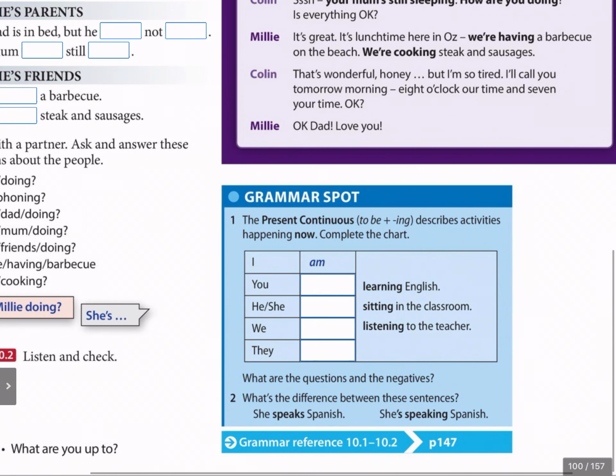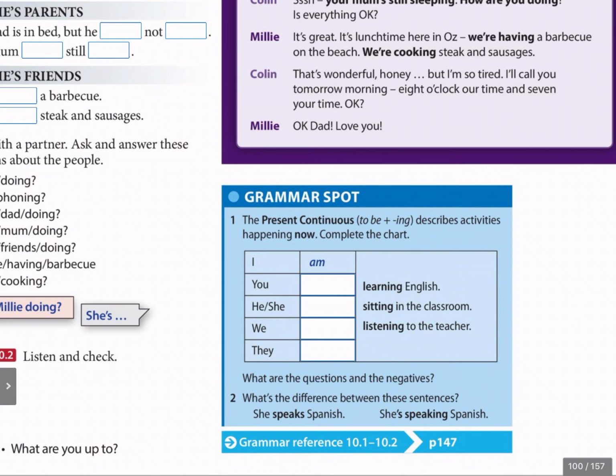Then finally, this box asks us what the difference between she speaks Spanish and she is speaking Spanish is. This is really important because when we say she speaks Spanish, we are talking about something which is a natural ability, something that is always true. She has that skill. She can always speak Spanish.